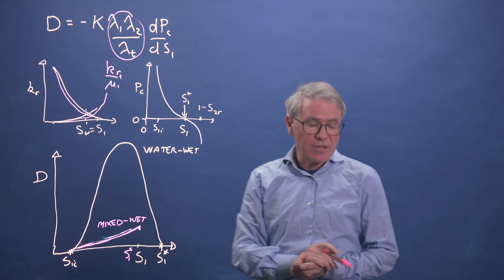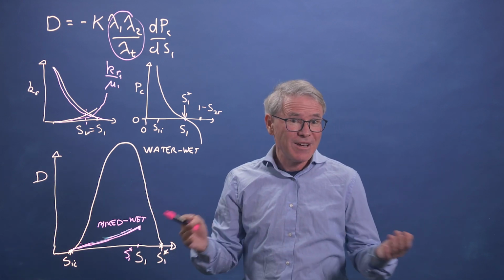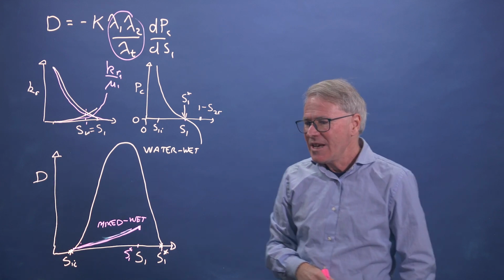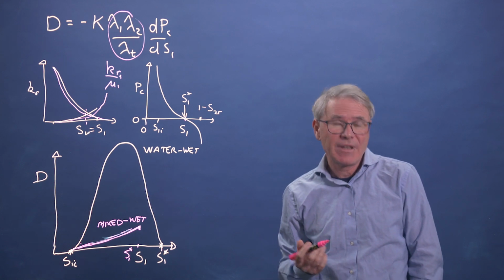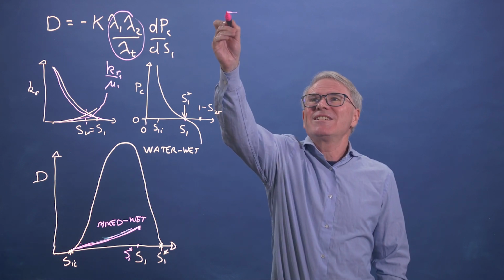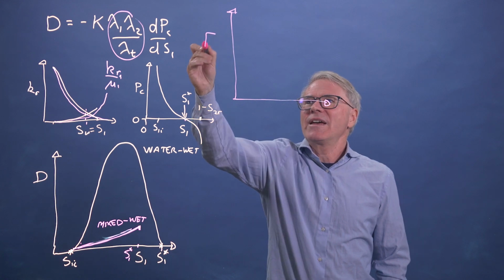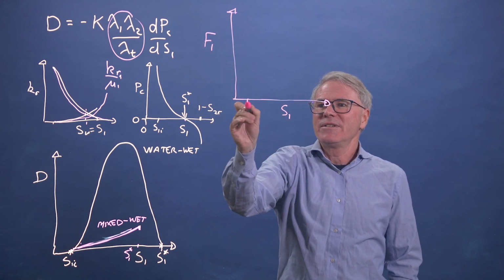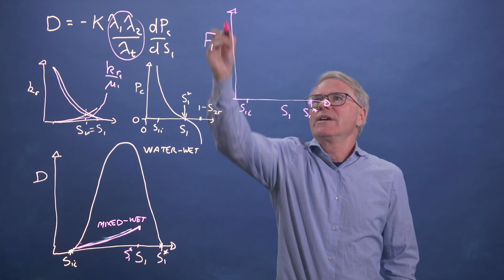Okay. So now let's look at what this means in terms of my fractional flow and my solution. Well, the fractional flow, as I said, is a fractional flow for a diffusive process. So the fractional flow actually isn't a terribly interesting function. If we plot F1 against S1, this is S1I, this is S1 star, and this is 1.